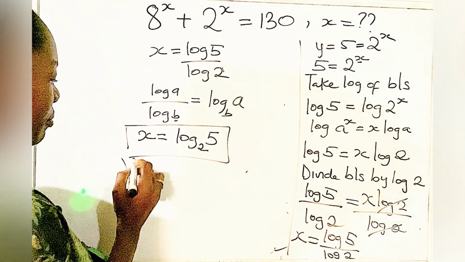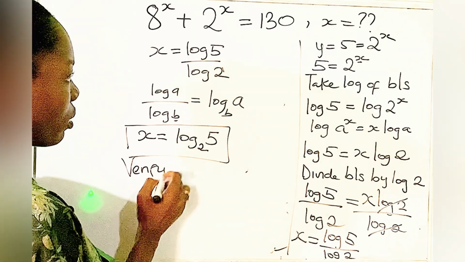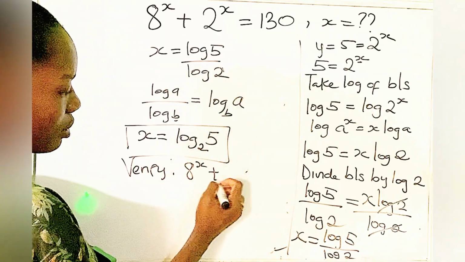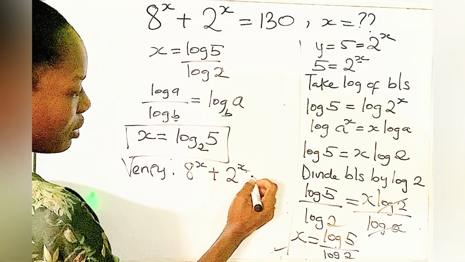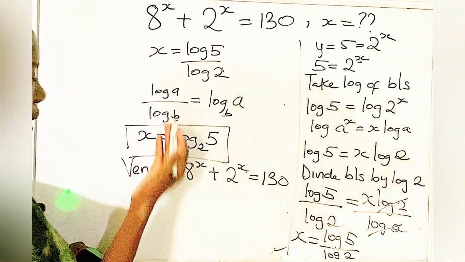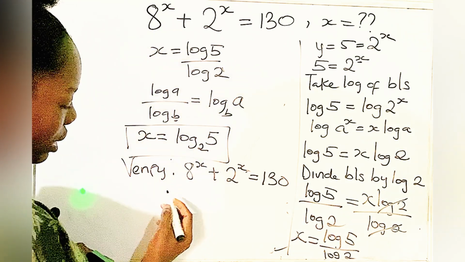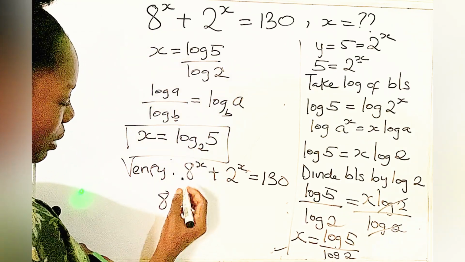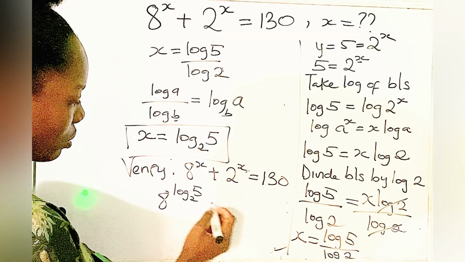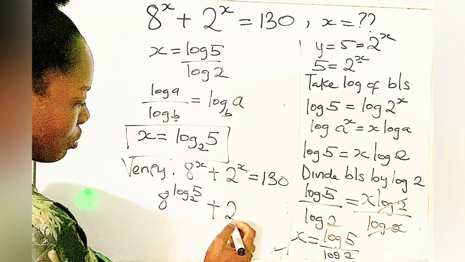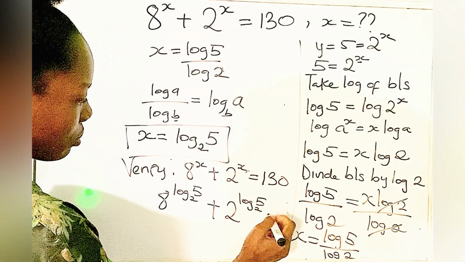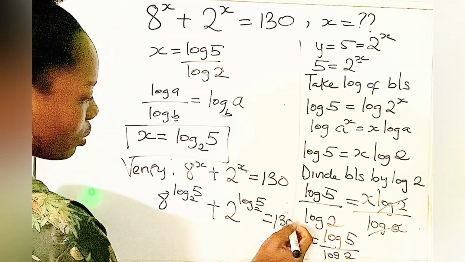Now let's verify. Our initial question is what? 8 to the power of x plus 2 to the power of x is equal to 130. Okay. Now our x is this. So we have 8 to the power of log 5 base 2 plus 2 to the power of log 5 base 2 is equal to 130.